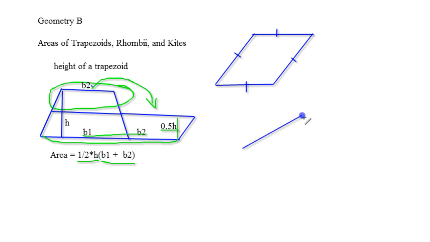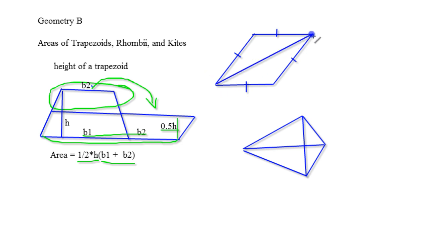Okay, and then kites. Now kites are going to be hugely important, not just because of their cool shape, but because their formula actually explains how to get a rhombus area if you're just given the diagonals.